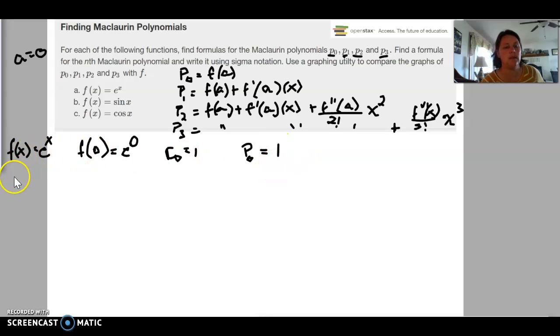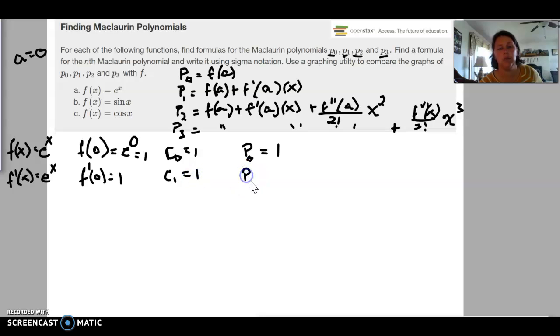Okay, so now let's go down to our next one. So f prime of x, well, the derivative of e to the x is e to the x. So that's nice. F prime of 0 is going to be e to the 0, which is equal to 1. So our coefficient is going to be 1.